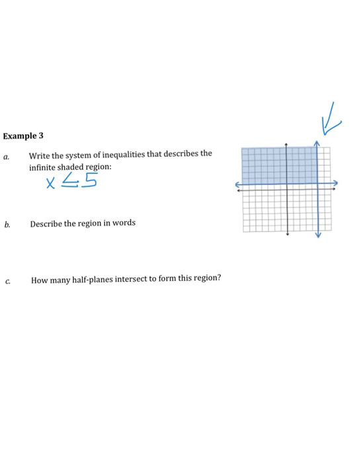And then for the second line, the horizontal one, all values for y are greater than or equal to 1, because the line is solid, where it hits the y-axis at 1.